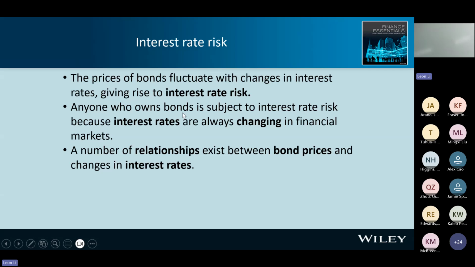Anyone who owns a bond is subject to interest rate risk because interest rates are always changing in financial market. And there's a relation between bond prices and the change in interest rate. Right? I mean, change in interest rate will trigger change in bond price. All right? They have a relation.